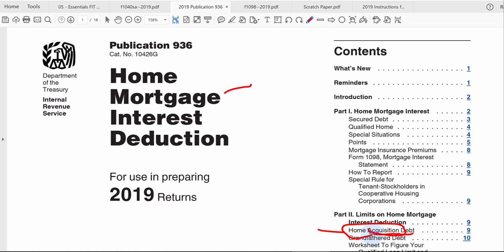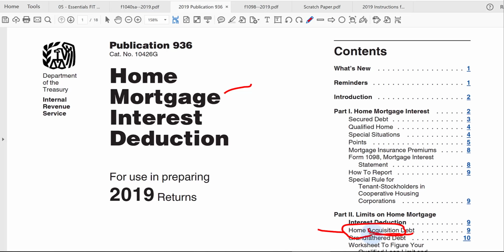Okay, so if you borrow for more than that, the interest is not deductible. And again, if you borrow more than $750,000, the excess interest over that $750,000 loan is not deductible. Again, there are different loan limitations. $1 million limitations for loans that were grandfathered in prior to 2018.